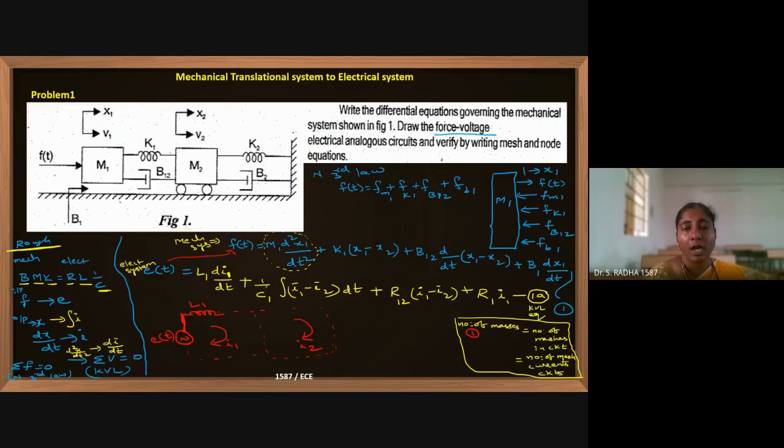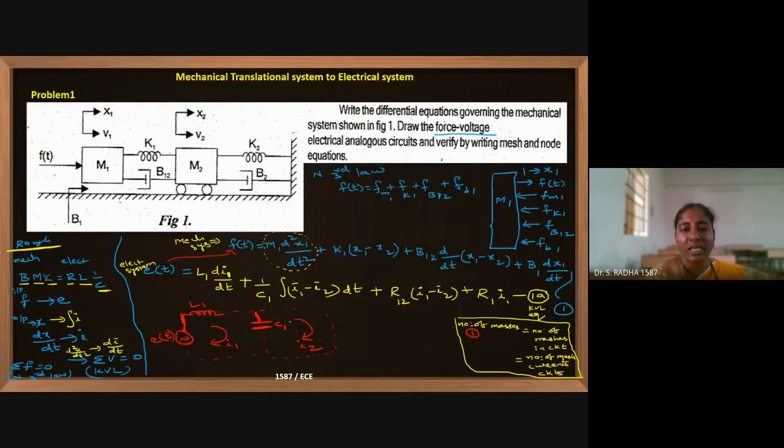Now 1 by C1, I have integration of I1 minus I2. Two currents are present, so I will put the capacitor in the common path, with the notation C1. I1 minus I2 means opposite currents: I1 is downward and I2 is upward.